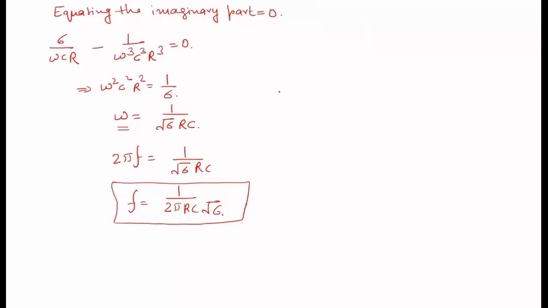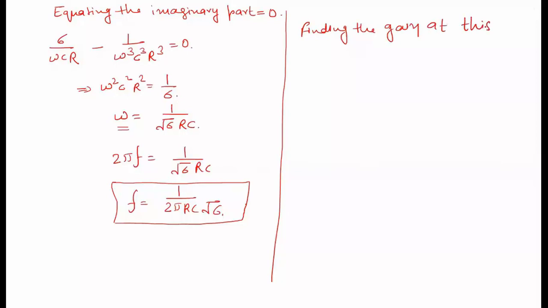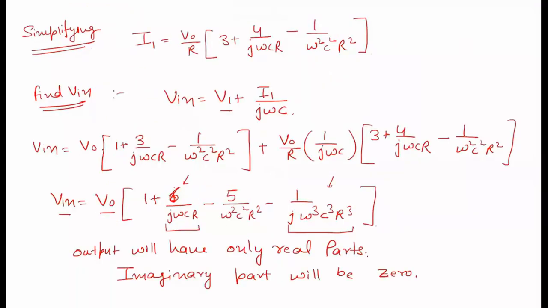Now to find the gain at this frequency, so let us find the gain, means the feedback factor beta. So in the previous expression, we can see that we have V in is equal to V naught into these terms. So we will put these values 0 in this expression.